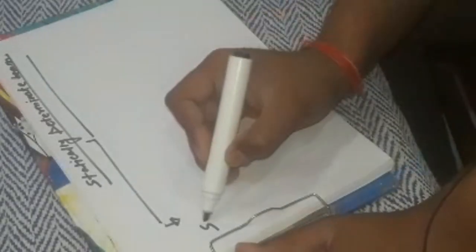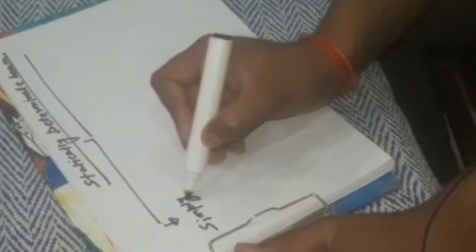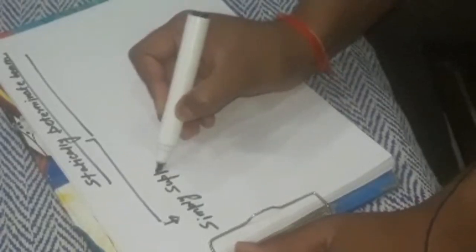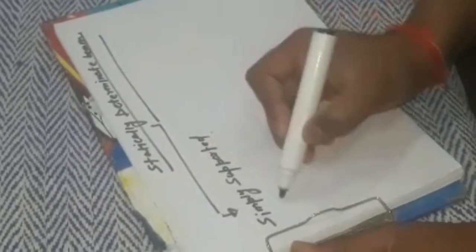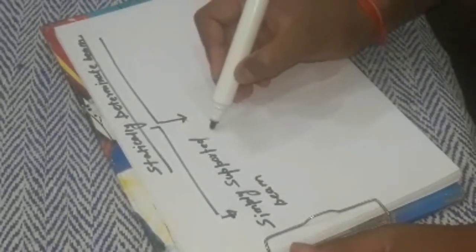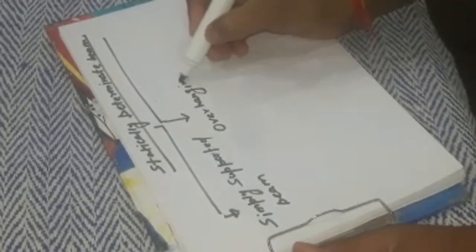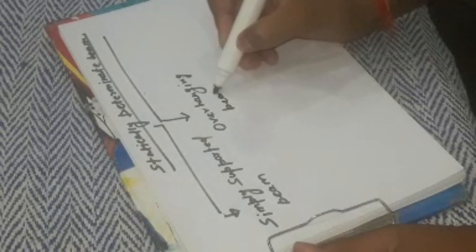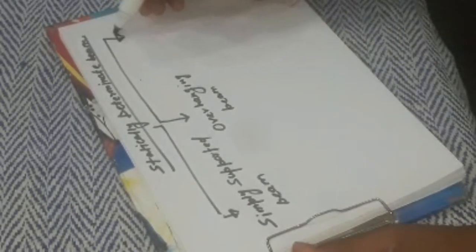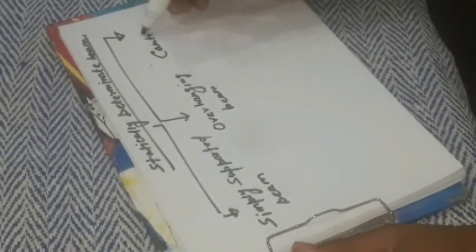There are three basic types of statically determinate beam from our subject point of view. First is simply supported beam. Second, overhanging beam. And third, cantilever beam.